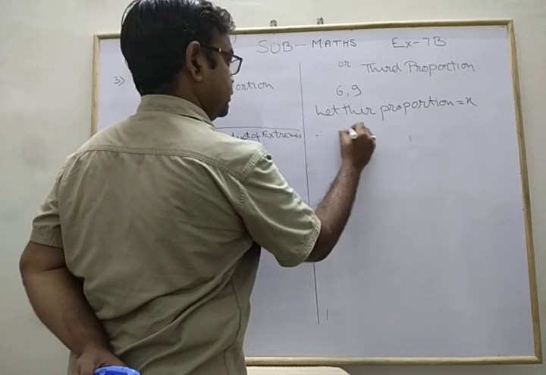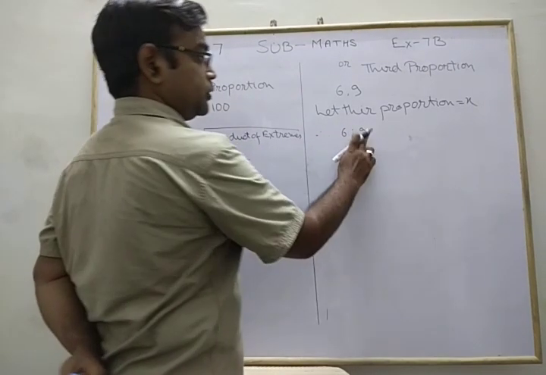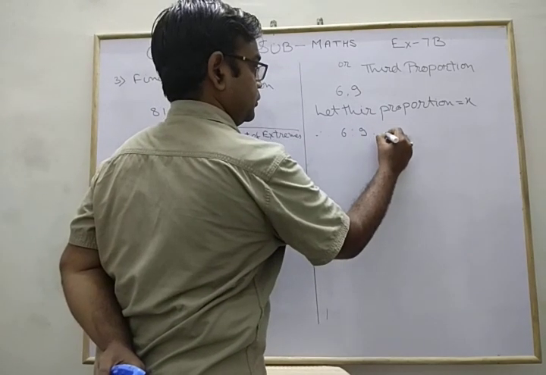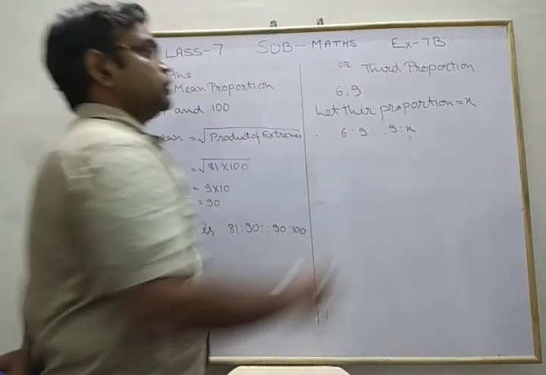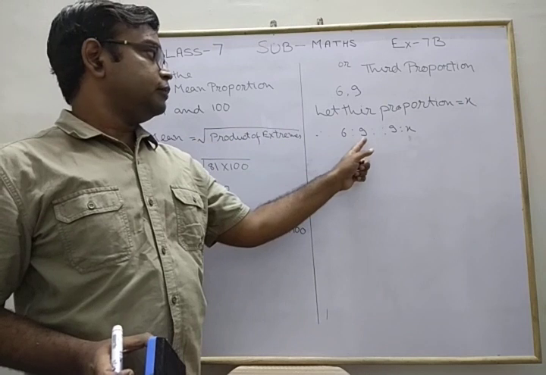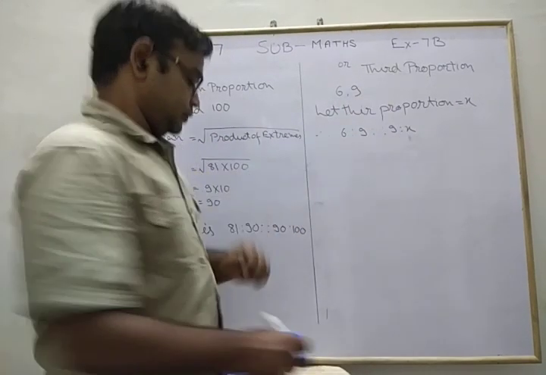This will clear your concept. 6 ratio 9. This is not the third, this is the mean one. 9 ratio x. If any time a question asks you about the third proportion, it means here the mean is common.